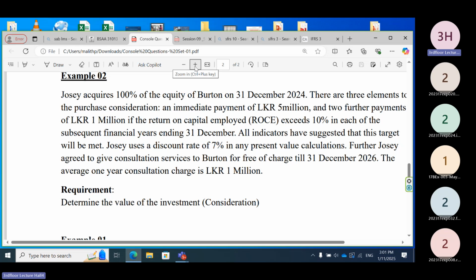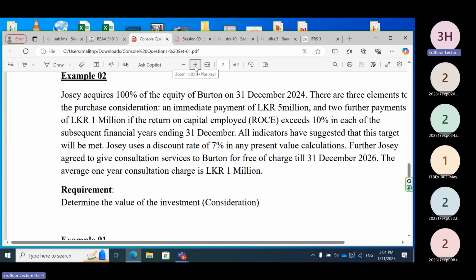What's the term contingent? What's the definition? Contingent asset, contingent liabilities. A contingent liability is a possible obligation to outflow cash.